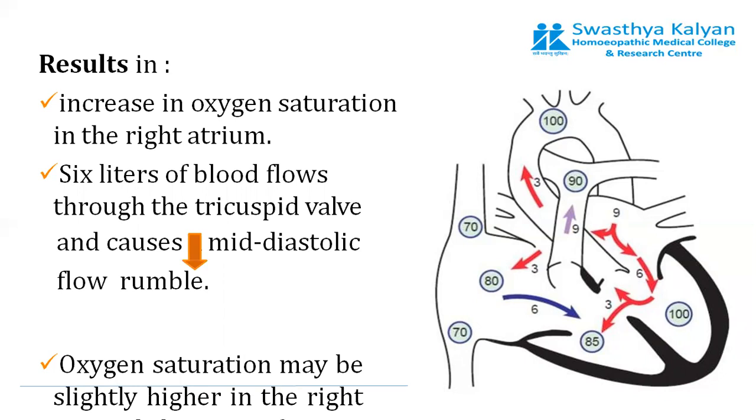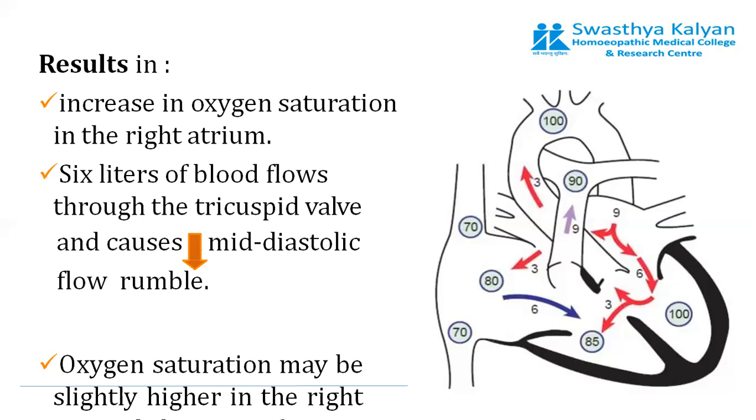In 1 minute, the right side will tackle approximately 6 liters of blood, and that will travel to the tricuspid valve and cause a mid-diastolic flow rumble. As the right atrium is filled with an extra amount of blood, when the right ventricle relaxes, the blood from the right atrium falls into the right ventricle.